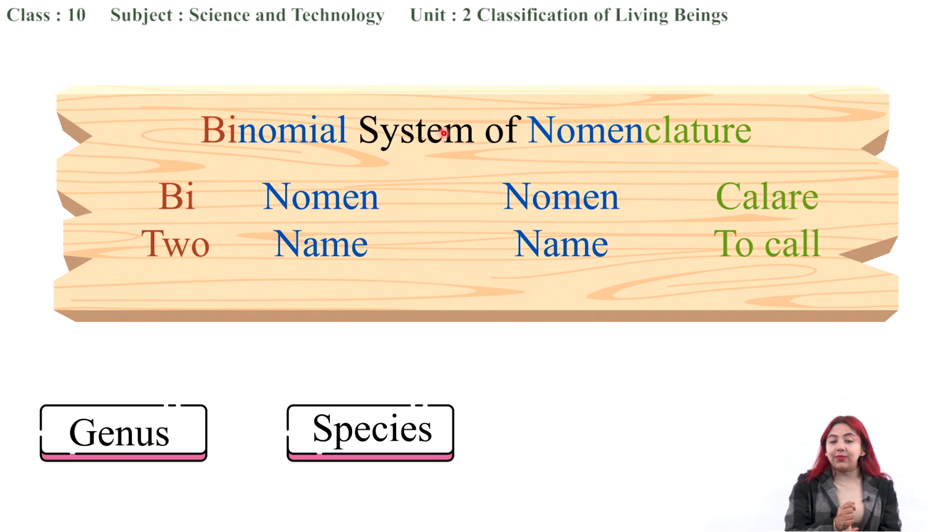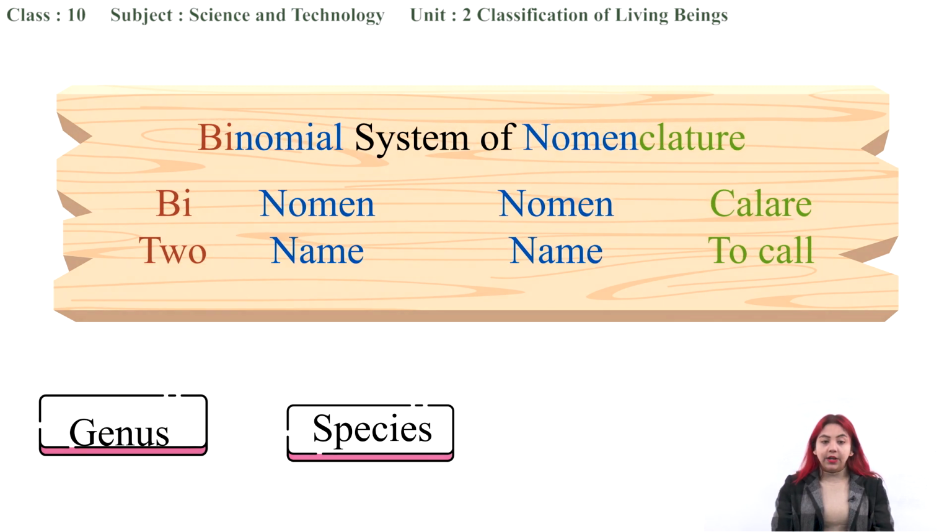And the second name is the species, and species are those organisms that are very identical, that is they have the same characteristics and they can interbreed to form fertile offspring. So the binomial system gives an organism two names, the genus and the species, collectively known as the scientific name of that organism.